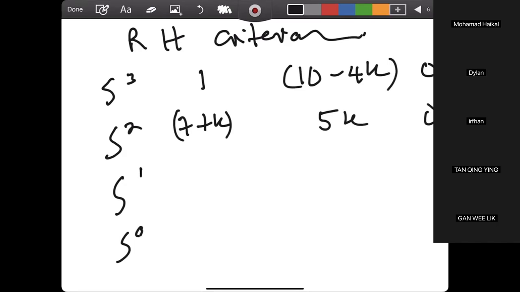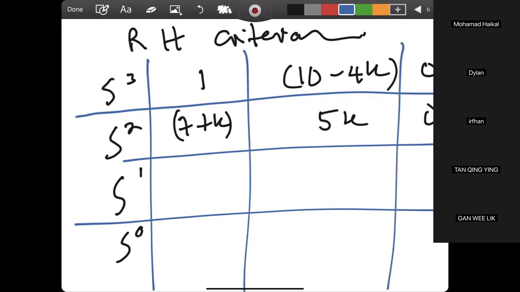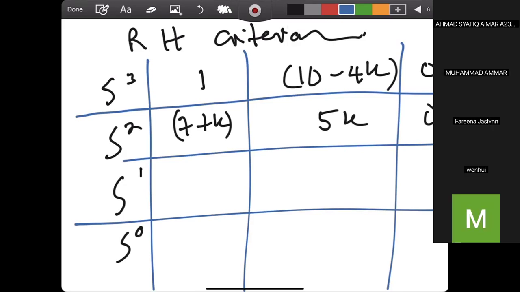This one is 4k squared plus 23k minus 70.